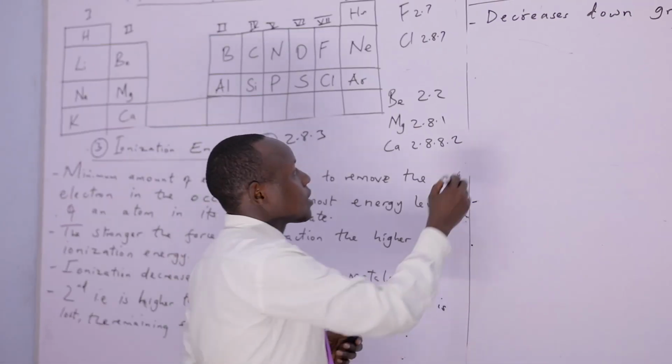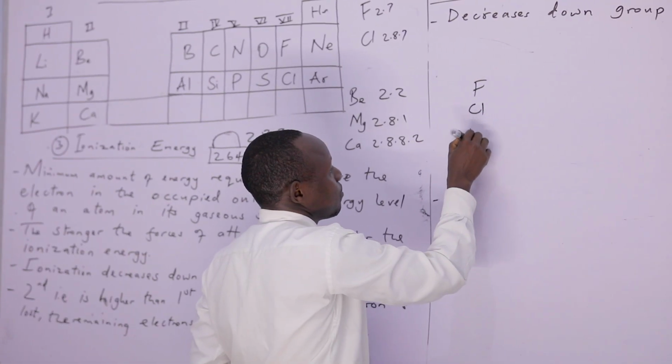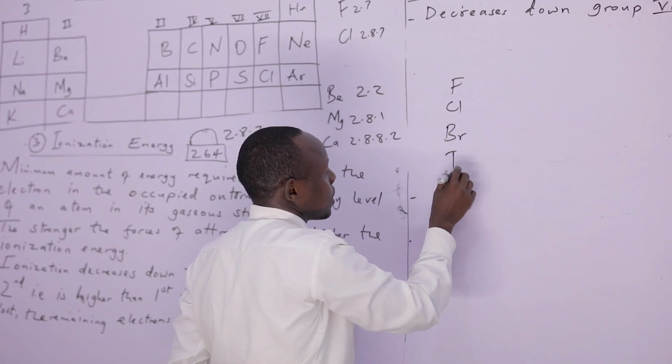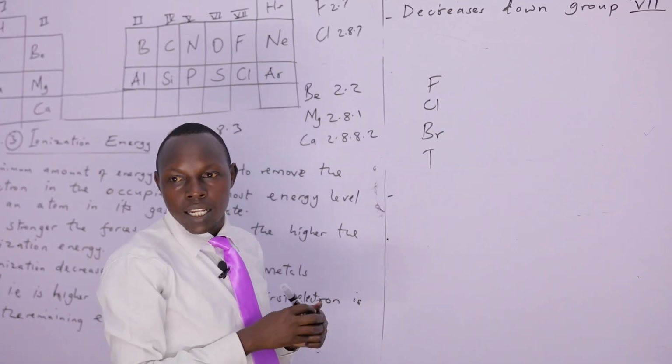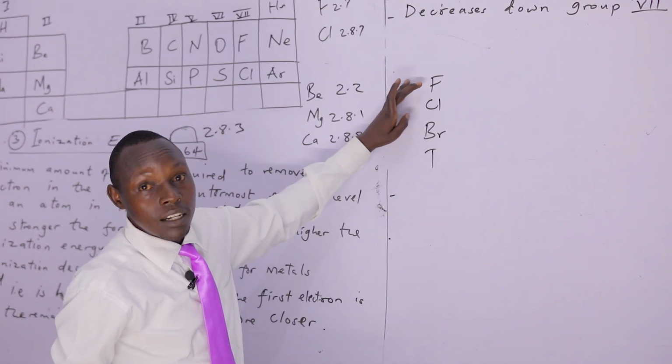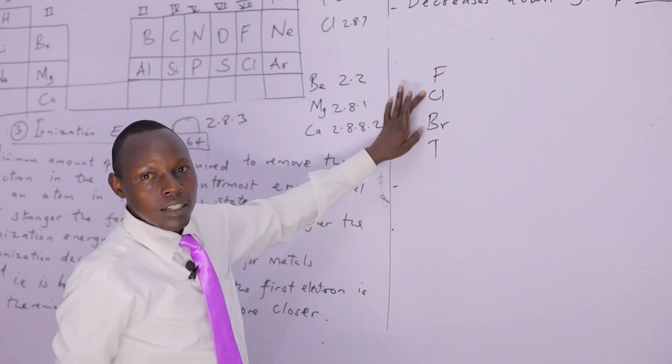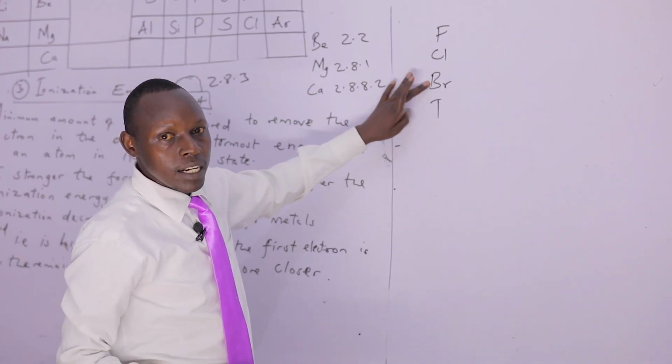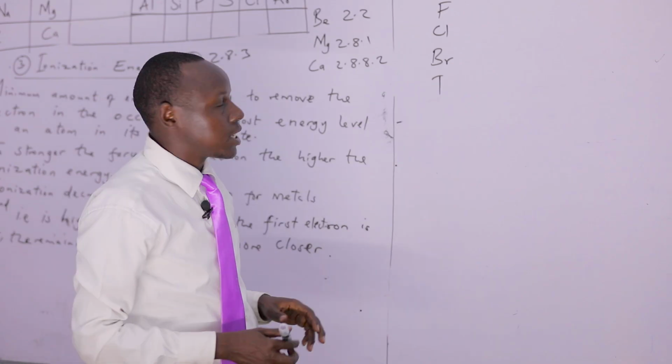We have fluorine, chlorine, bromine, and iodine. Fluorine is more electronegative than chlorine, chlorine is more electronegative than bromine, and bromine is more electronegative than iodine.